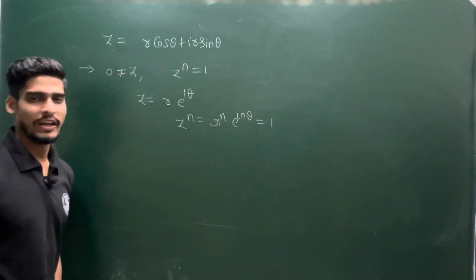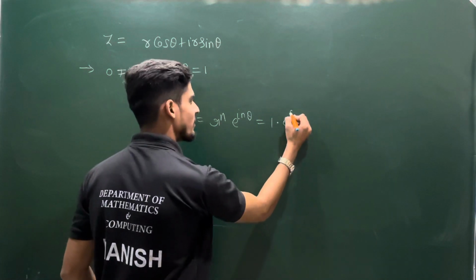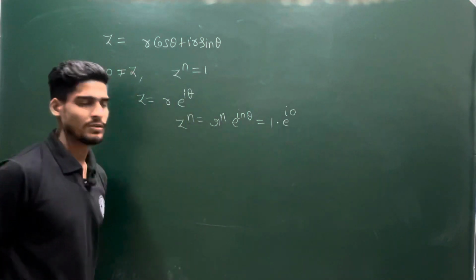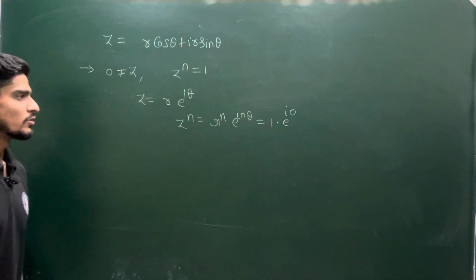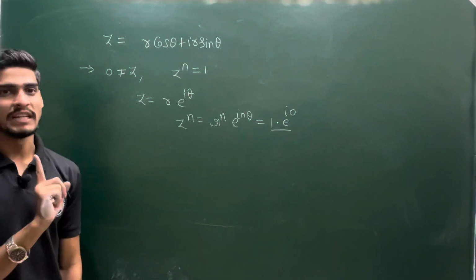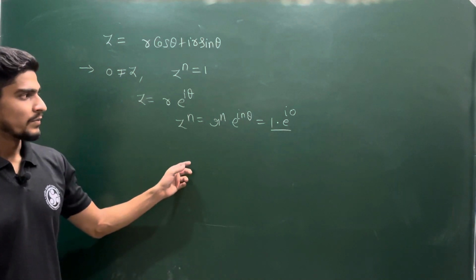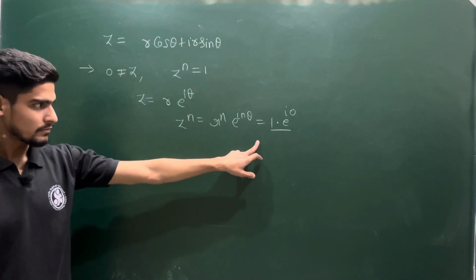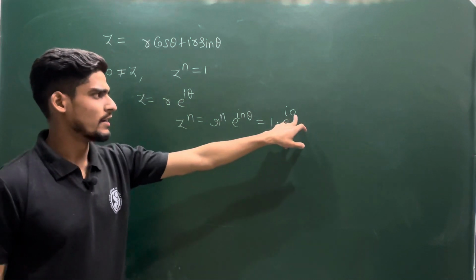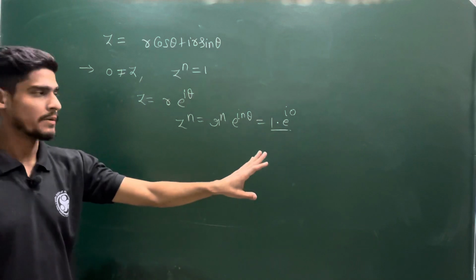which is given as 1. Now this 1 can be viewed as 1 into e power 0 iota times 0. This I can view. So what you are getting, this is again a complex number, and there is a unique representation of complex numbers. If you add a 2k pi, then also you are going to get same value. Both are not different, both are same.